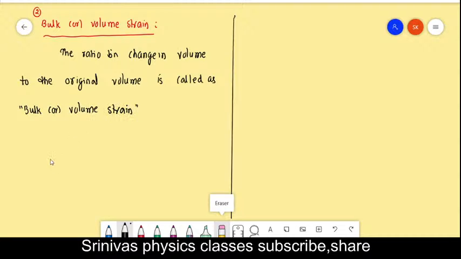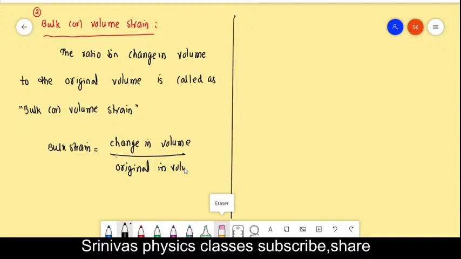The bulk strain formula is change in volume by original value. If length changes, that is a longitudinal strain, and if volume changes, that is the bulk strain. This is the formula for the bulk strain.